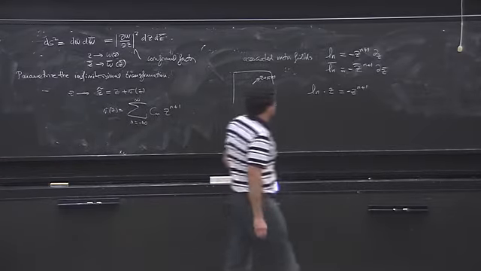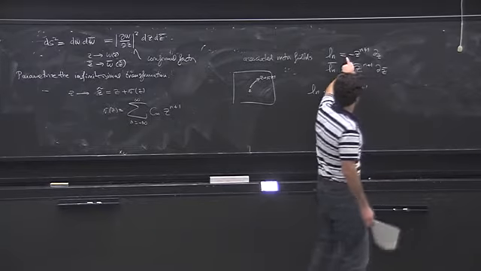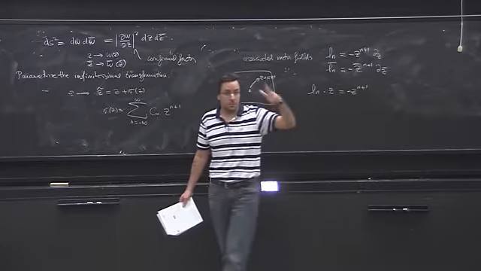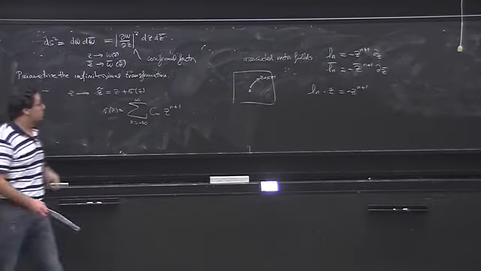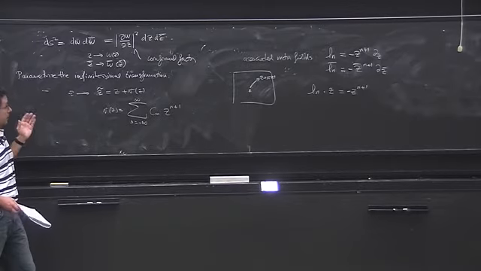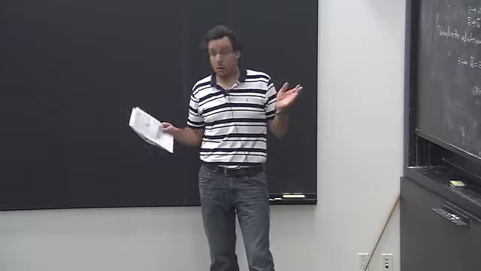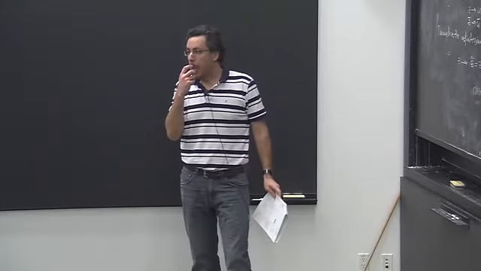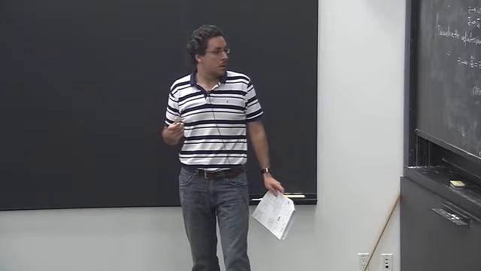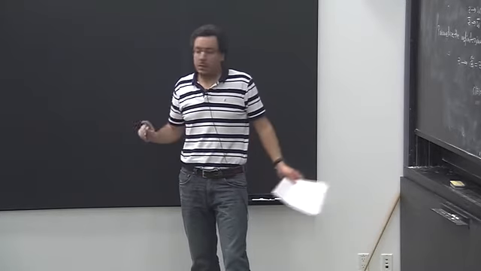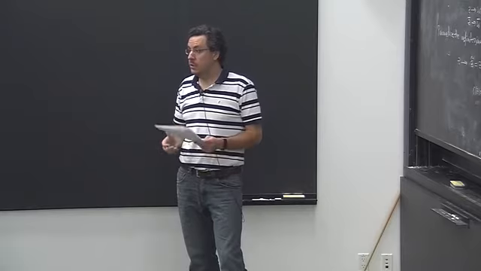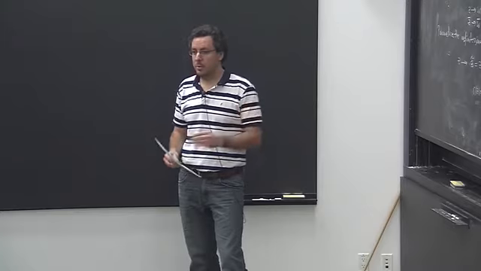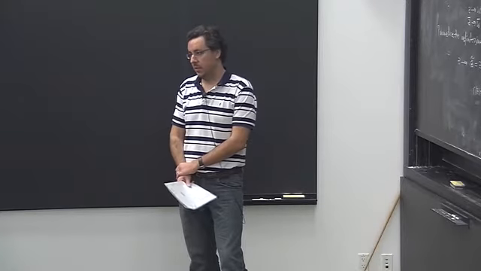And now, like in the case of higher dimensions, when we constructed the vector fields associated to translations, special conformal transformations, and so on, we were able to derive the conformal algebra by just taking the commutator of the vector fields. Yes? Why are we allowing singularities? Because locally near the origin, this is allowed, and we will see that allowing singularities in our transformations will be, in fact, incredibly useful.